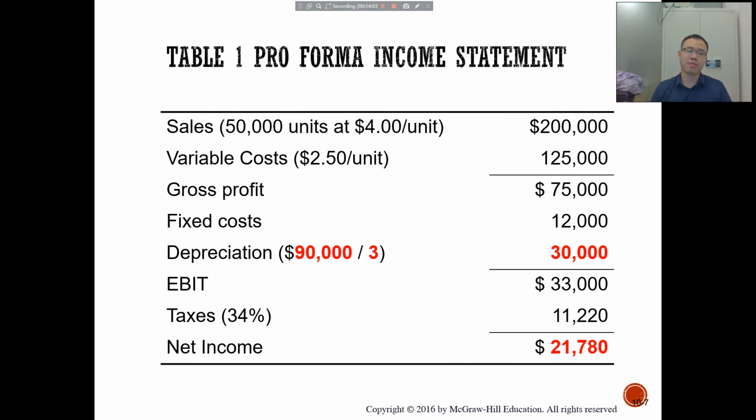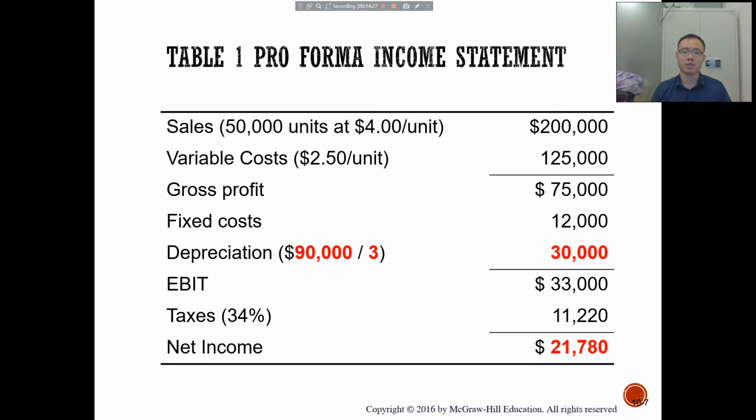Be very careful that in reality, we assume that $30,000 has been lost in the project's value. So we deduct it. But the cash flow is not really happening.